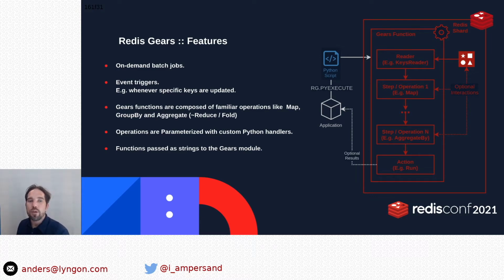And you can also construct these functions with the help of specific readers that read the different types of data, the keys, streams, etc. And you can compose operations that should be quite familiar to many of you, such as map, reduce, group by, and aggregate, which is quite similar to many other frameworks. And these operations can be parameterized with Python functions, which can include third-party packages that RedisGears will handle for you.